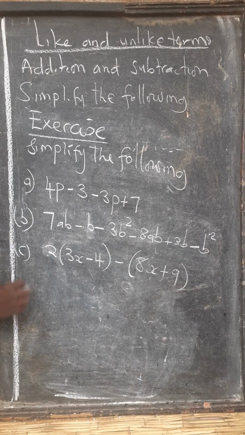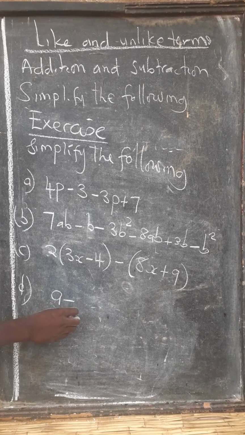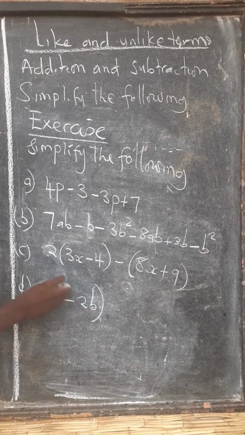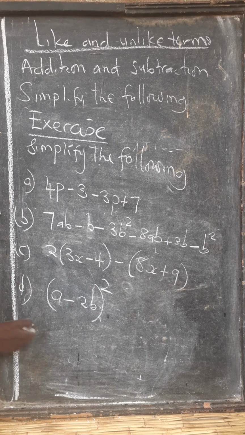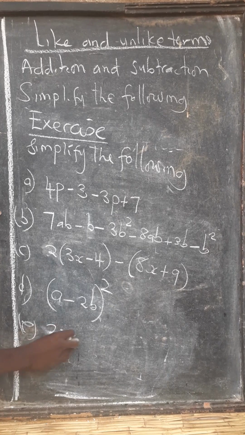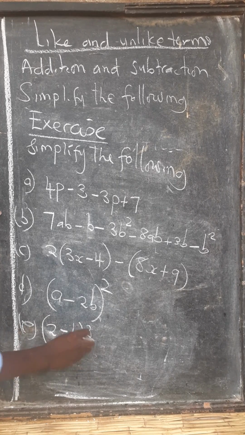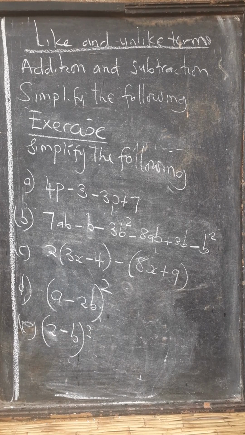And lastly, we can do 2b, minus 2b squared. A, B, C, D, E. I can give you something here as well: you have 2 minus b cubed. Okay, you try out these questions, then we see. You'll be able to send me your answers. Thank you very much.